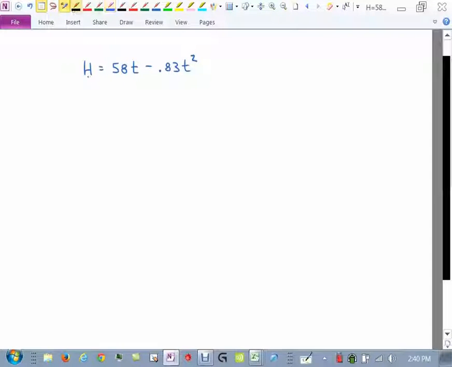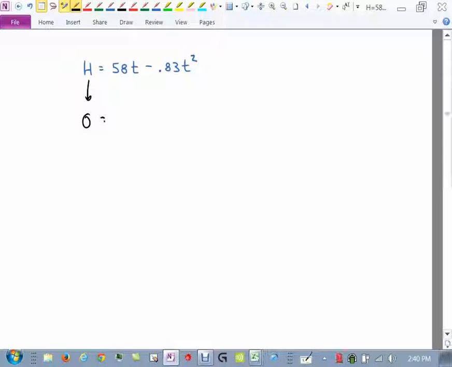That's when it hits the ground, when the height's 0. And this is an equation. It's actually quadratic, but I can just factor out a t on the right side. Set that equal to 0. I'll just move the 0 to the other side like that. And now that I have two things that multiply to 0, I set them each equal to 0.